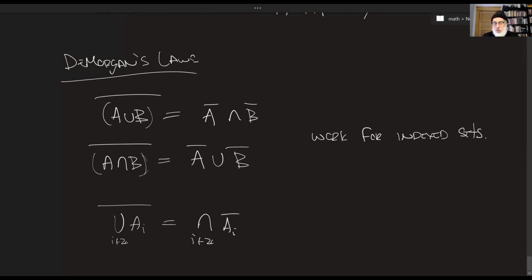So it works both ways. I'm not defining what these are, but this is just generally true. And this is I in the integers. So it works for index sets. If you write that out, you'll just get a collection of these. So that's basically how you would prove these too.